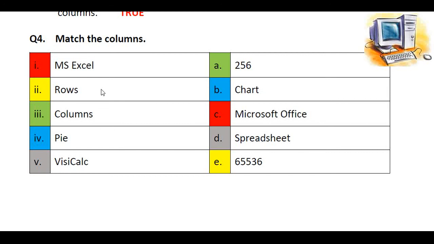Second is rows, so the number of rows in Microsoft Excel 2003 which is mentioned in your book are 65,536, so that is matched. Both are highlighted with yellow color. Columns, there are 256 columns, so option A. Pie is a type of chart, and VisiCalc is a type of spreadsheet software, so option D is matched with 5.